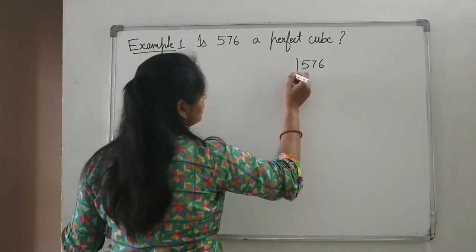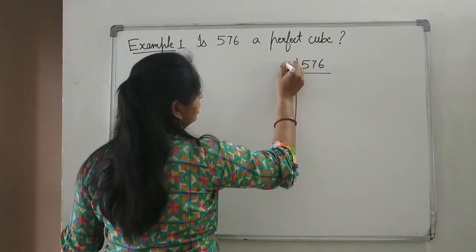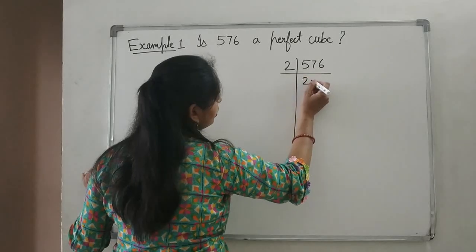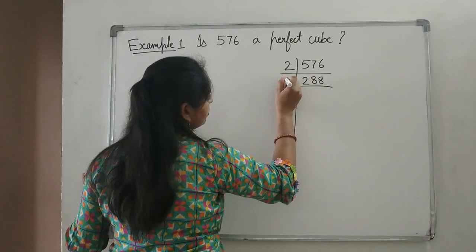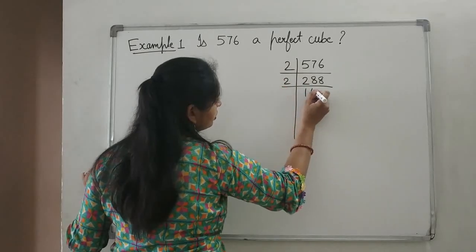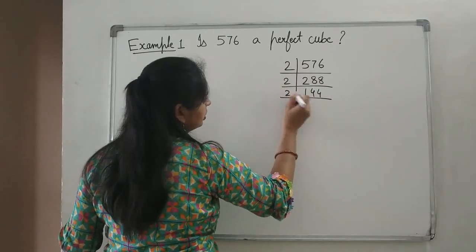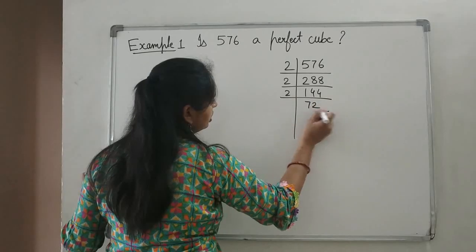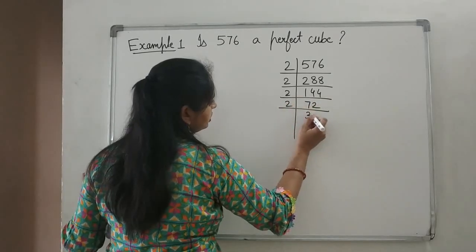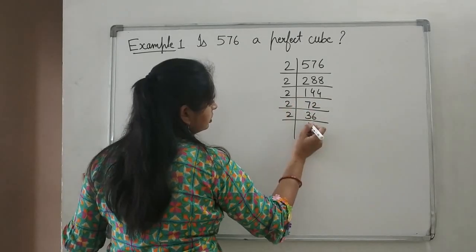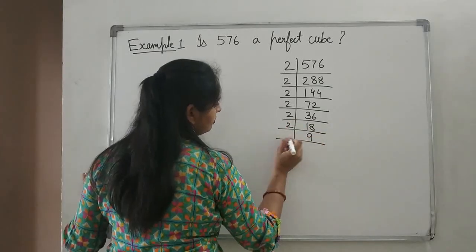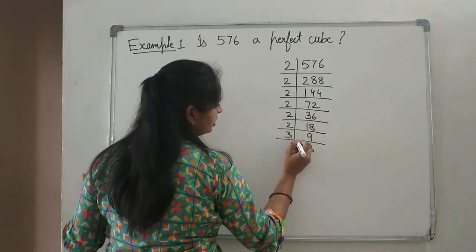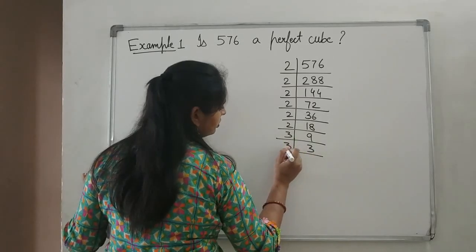It will go by 2: 2 8s are 16, 2 4s are 8, 2 2s are 4, 2 1s are 2, 2 8s are 16, 2 9s are 18, and 3 3s are 9.